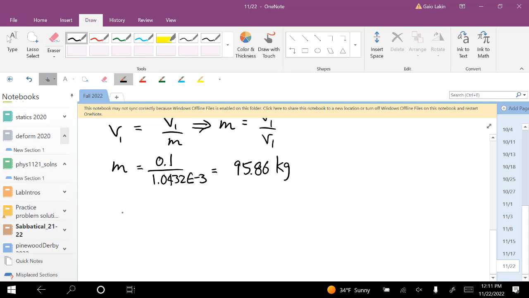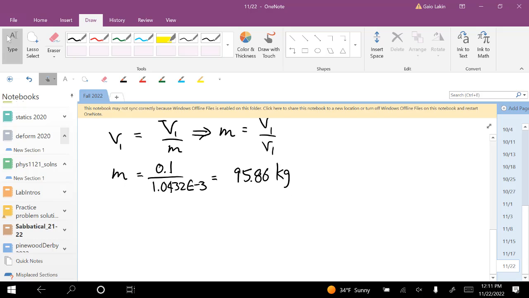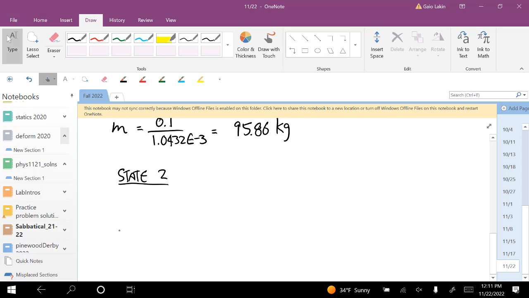So now we have the mass, and now you can look up, let's see, now we know the mass, and we already knew the extensive volume at state 2. So the specific volume is 10 divided by 95.86, which is 0.104.